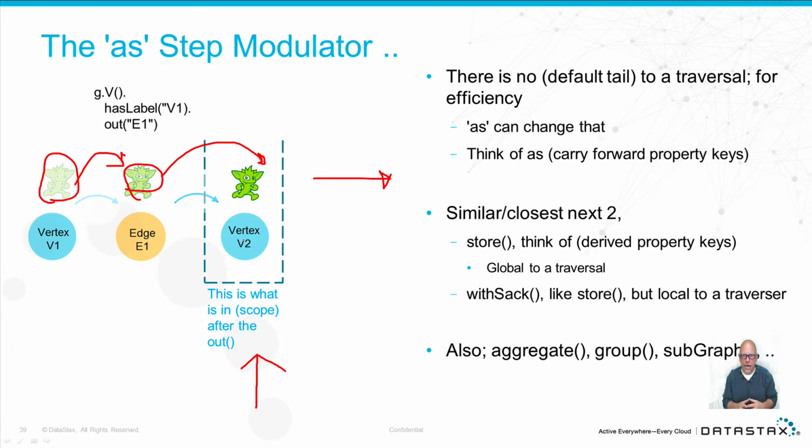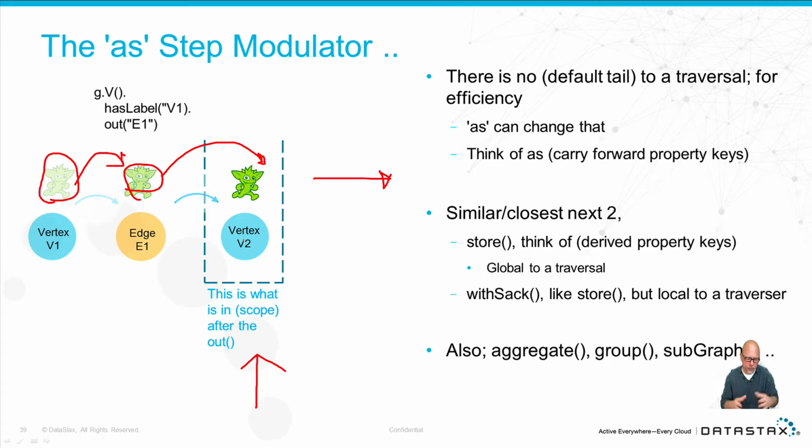So you will use as. Think of it as a carry forward of property keys. Store is just like as. You can carry columns forward, but they are derived columns. So they're like aggregate expressions or literals or anything that you just picked out of thin air or used other columns to derive values of. There's a reason it's not just called as, it's called store.